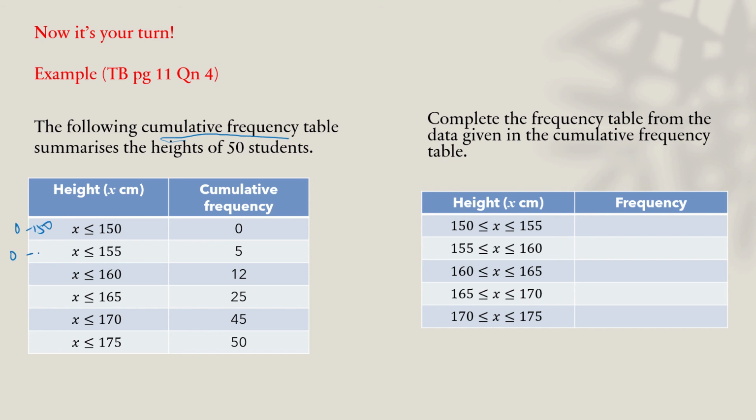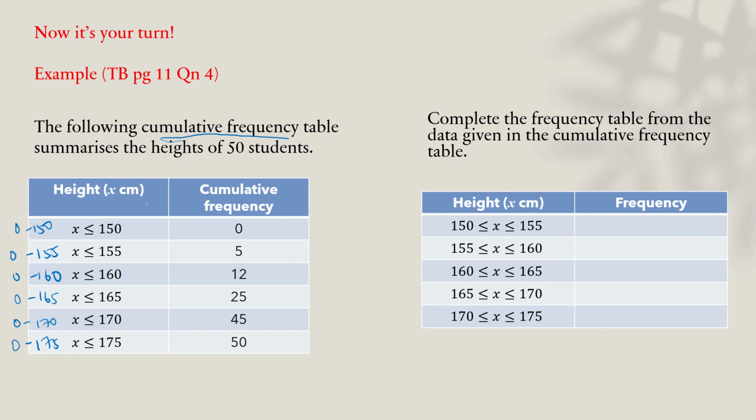We have 12 students whose height is from 0 to 160 centimeters. We have 25 students whose height is between 0 to 165. We have 45 students whose height is between 0 to 170. And we have 50 students whose height is between 0 to 175.